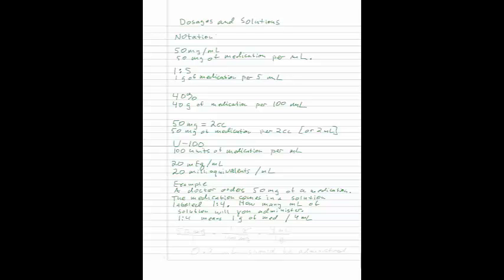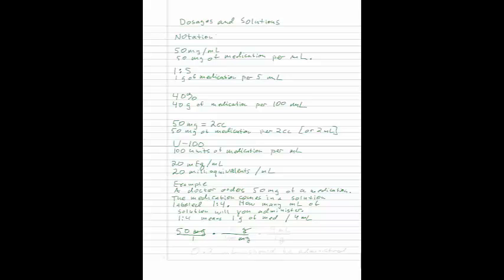So what the doctor is ordering is 50 milligrams. And we need to go ahead and convert that into milliliters. Well, our first step is going to be to convert milligrams into grams.